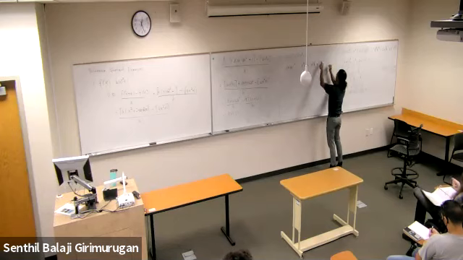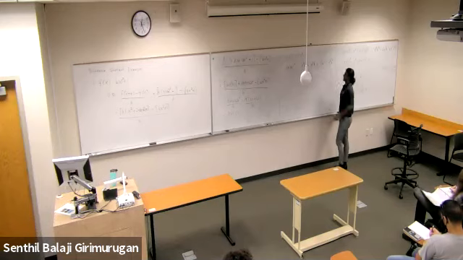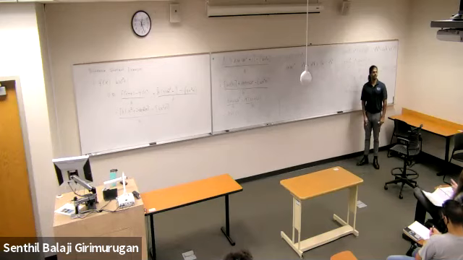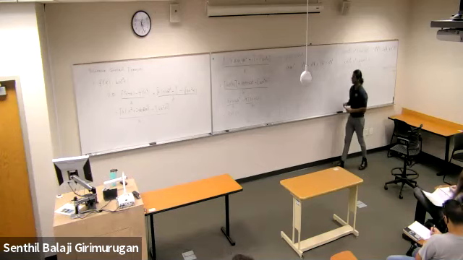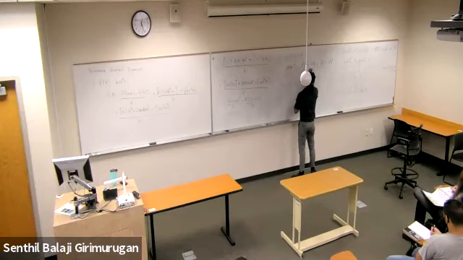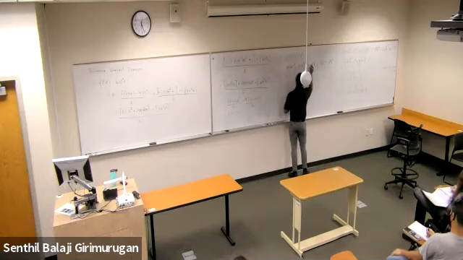Decrease x by 1, so we have 1 there, it's going to become 0, and h goes to 3. Yes, now go to the triangle. We are missing 4 coefficients, 1, 2, 3, 4.